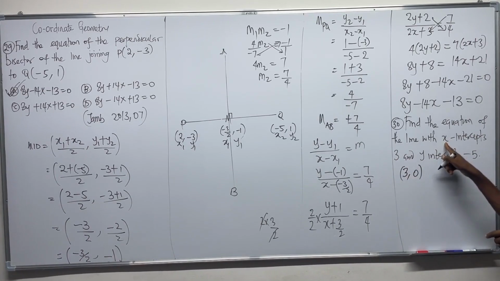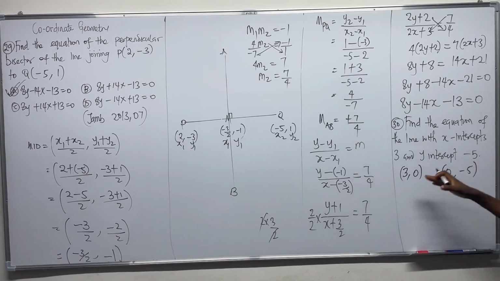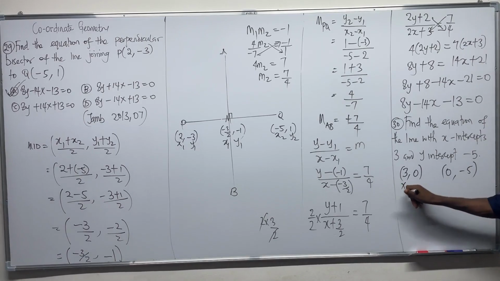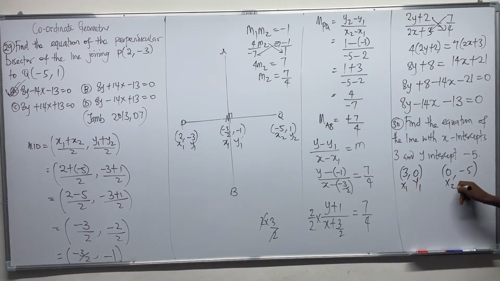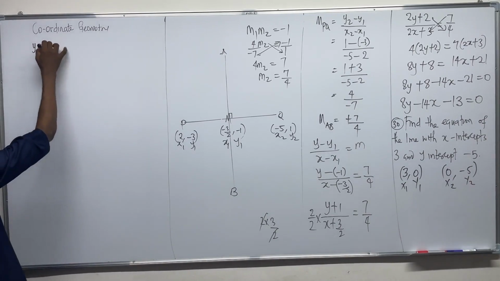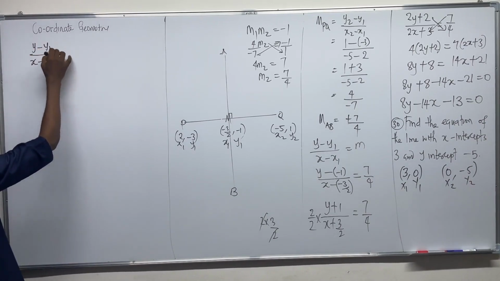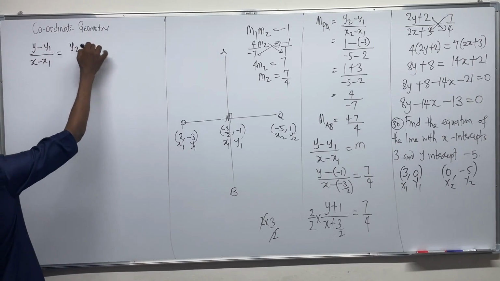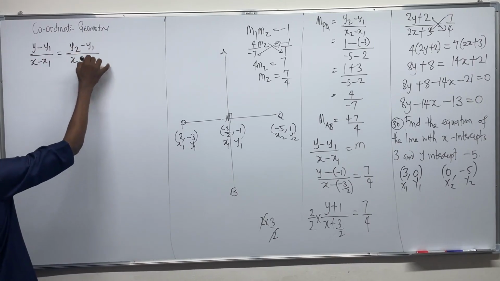Then on the y-intercept, x will be 0, y is equal to minus 5. So these are your 2 points. Be very careful. So this is x1, y1. This is x2, y2. So to find the equation of a line, y minus y1 over x minus x1 is equal to y2 minus y1 over x2 minus x1.